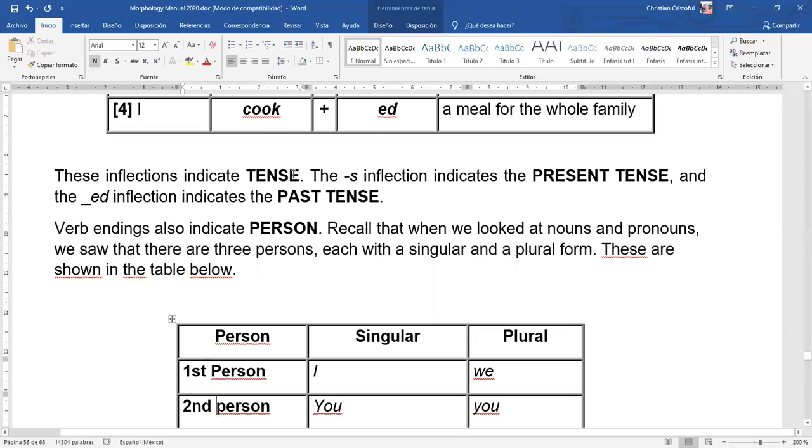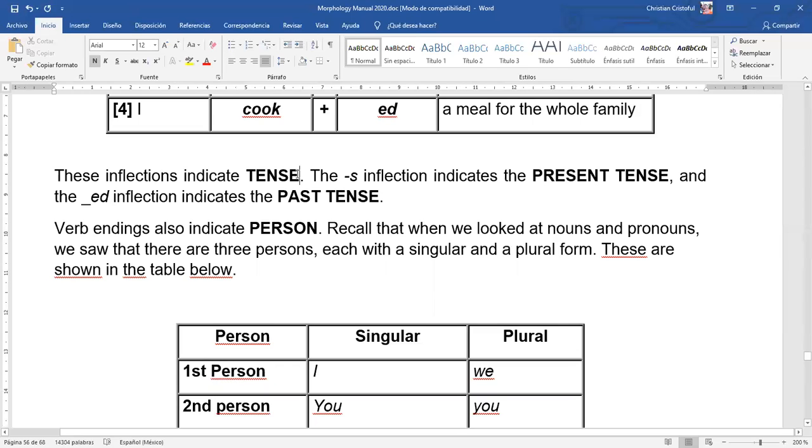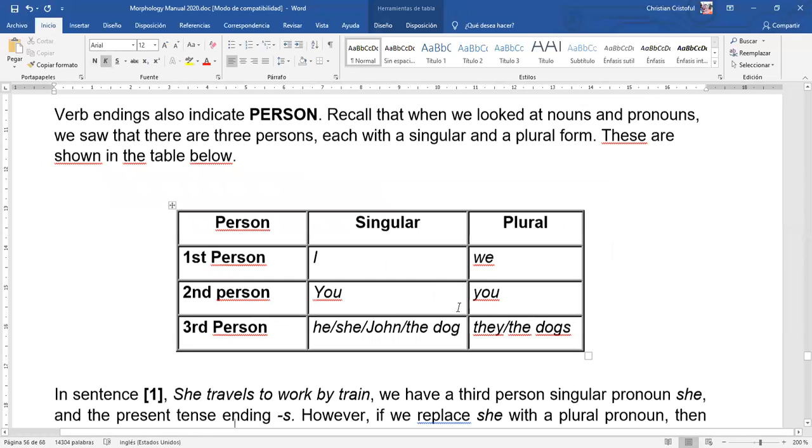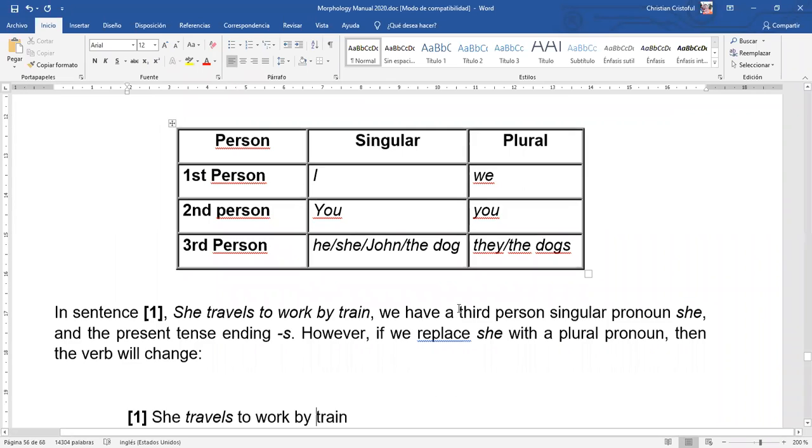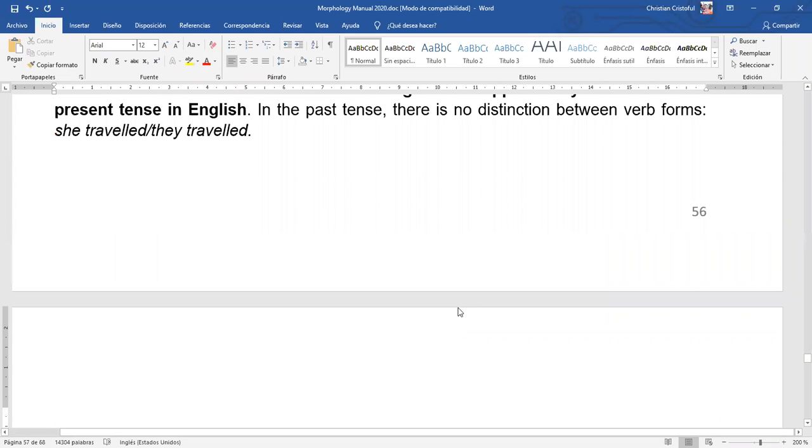So these inflections indicate tense, present tense, past tense. Verb endings also indicate person, but not like Spanish, because in Spanish we have one ending for each person. In English, we have only third person singular. The rest is all the same. So that's regarding English. It's super easy, let's say.